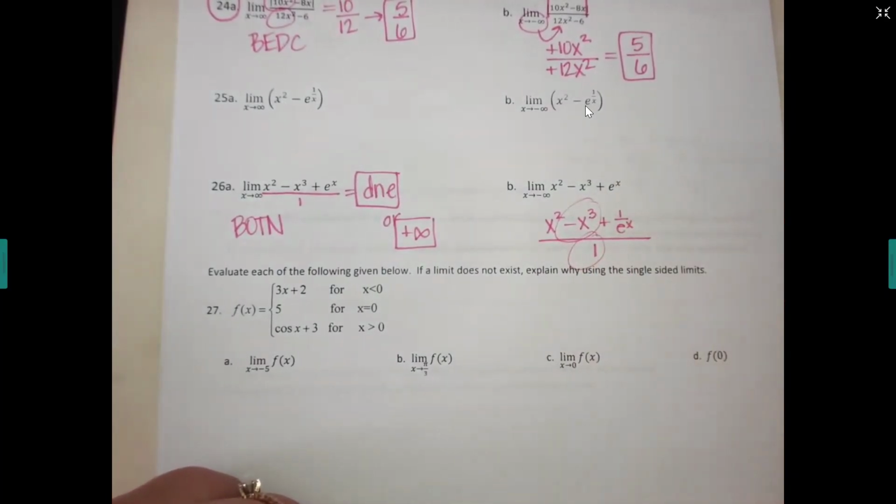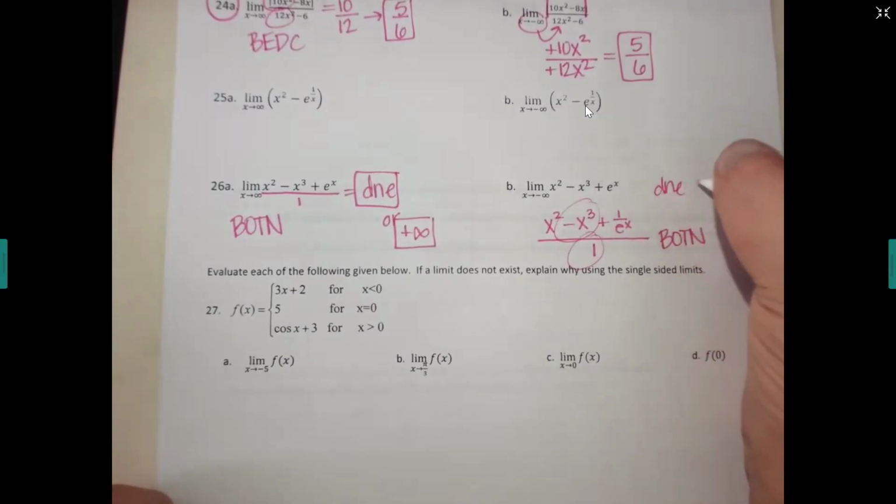Is it a Bobo, Botan, or Betsy? Still a Botan. But I'm going to use my x3 to determine the overall sign. So if it's a negative infinity into a cubed, will it keep it or lose it? Keep it, but then there's another negative that's going to make it lose it. So this would be DNE or positive infinity.